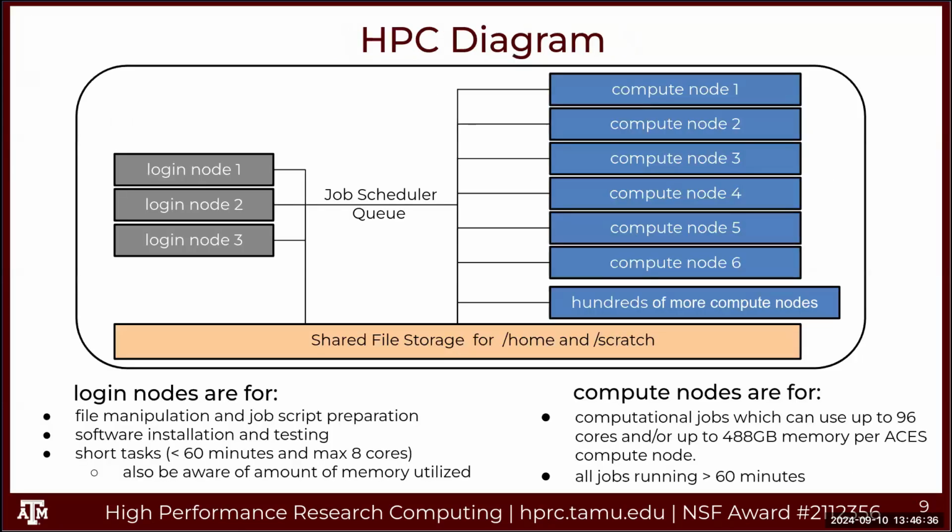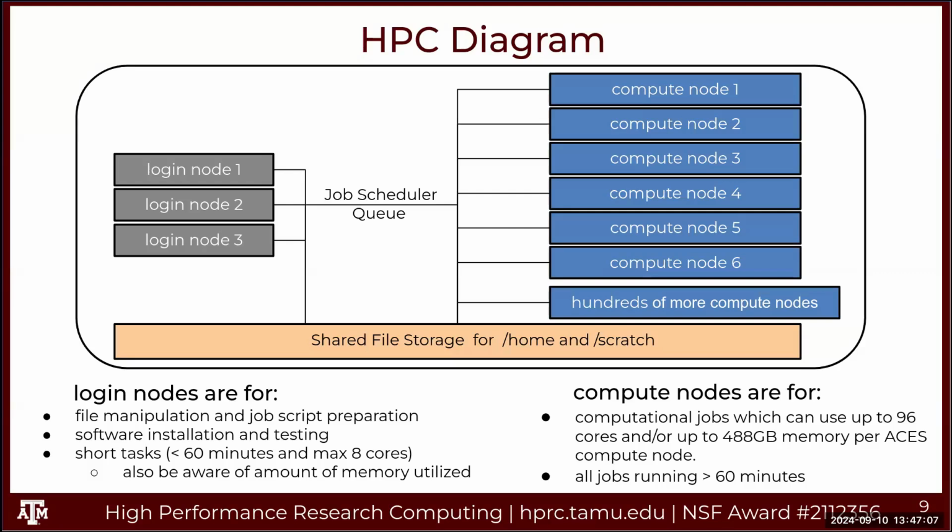All right, here's an example of how a typical HPC is configured. We have the login nodes here in gray on the left. Like I mentioned earlier, this will do file manipulation and job script preparation. You can install your software and do some light testing. This is for short tasks, less than 60 minutes, and any testing you will need to limit to 8 cores on the login node.